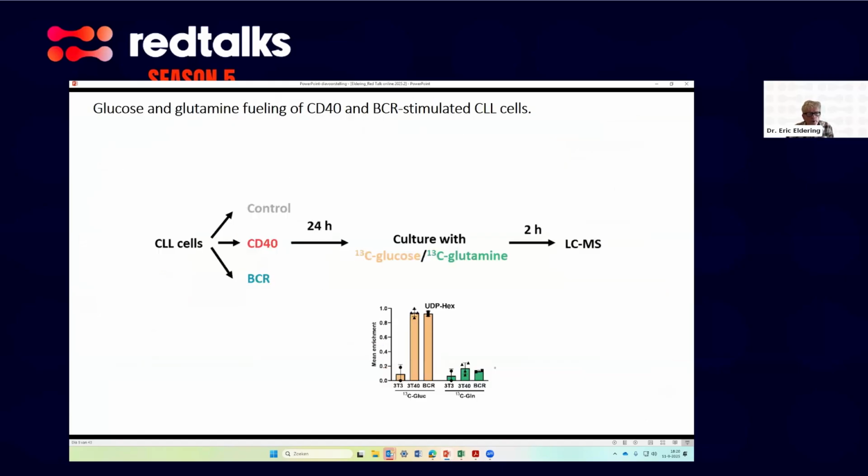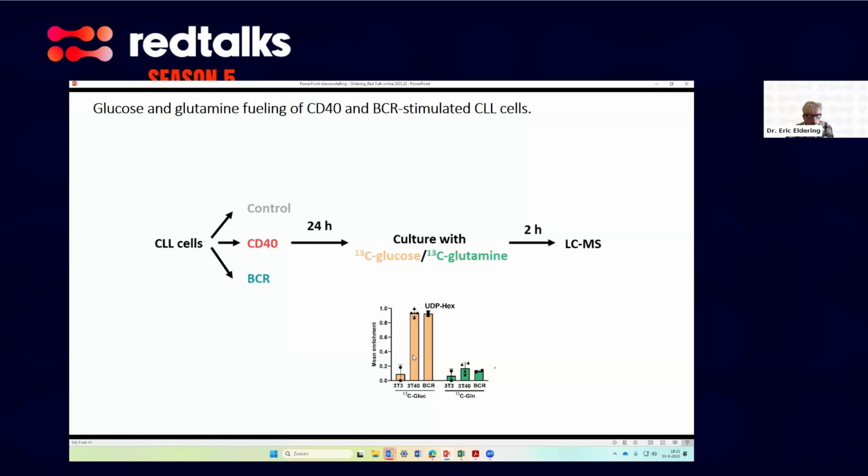In order to confirm this, we did so-called 13C tracing, where you use radiocarbon labeled glucose or glutamine, and the experimental scheme is depicted over here. We have unstimulated cells, CD40 and B cell receptor, again as a proxy for the lymph node setting of the CLL patients. And you add for 2 hours labeled glucose or glutamine, and after 2 hours the cellular lysates are analyzed by liquid chromatography and mass spec.